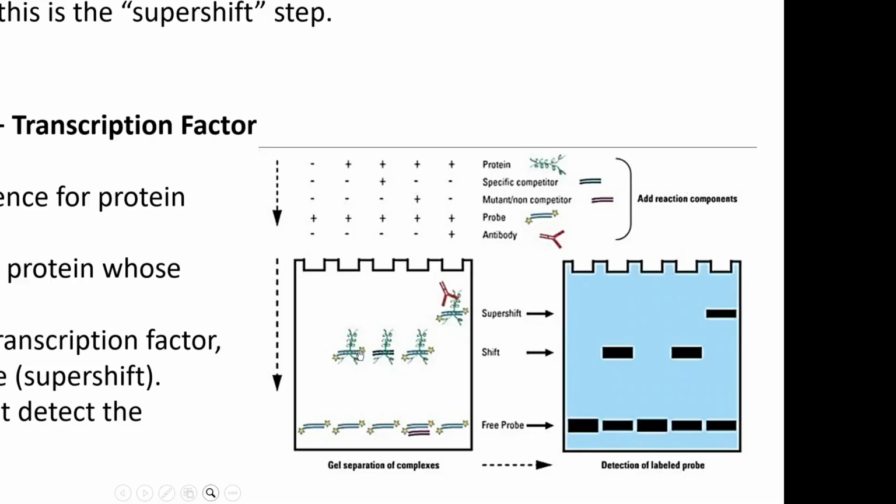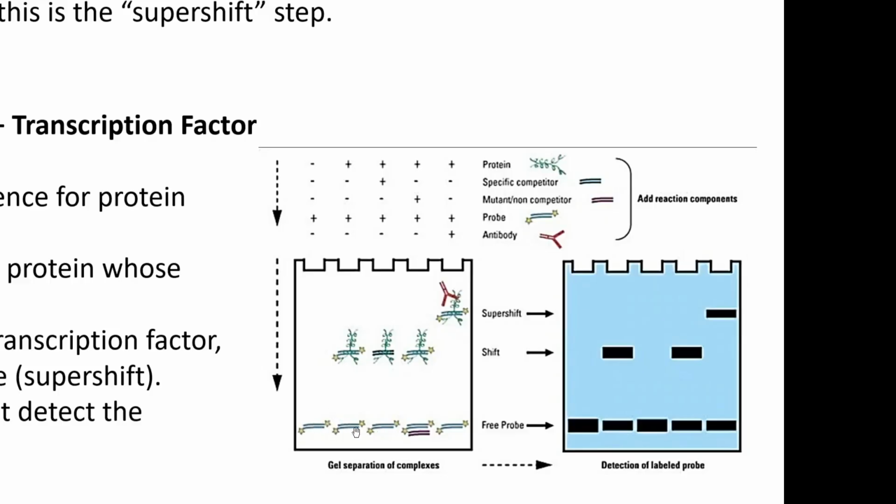Your probe has a similar length or size to your competitors, but it does not bind to any protein. So it will run at the same speed if your specific competitor sequence has not bound to your protein. You can think of this as the sequence which is generally not bound to the protein.